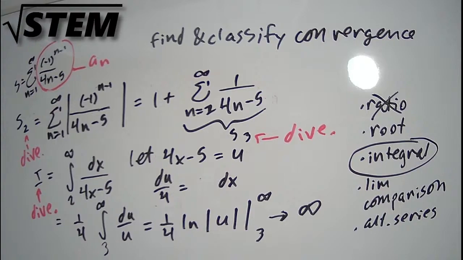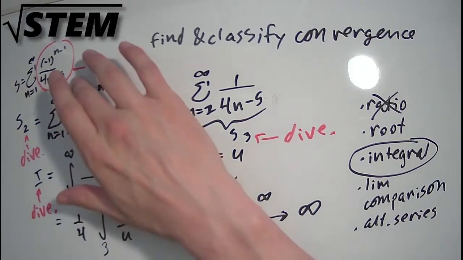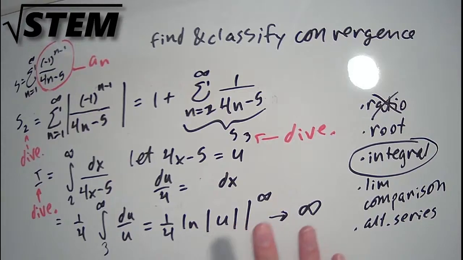Okay, so now we can bring this back to the absolute convergence idea. We know the original sum does converge, but we have just found the sum of the absolute value of the terms diverges. So that means this sum should converge conditionally. It does not have absolute convergence, only conditional convergence.